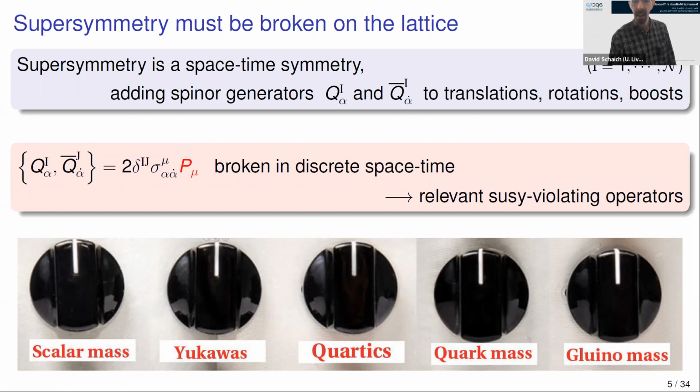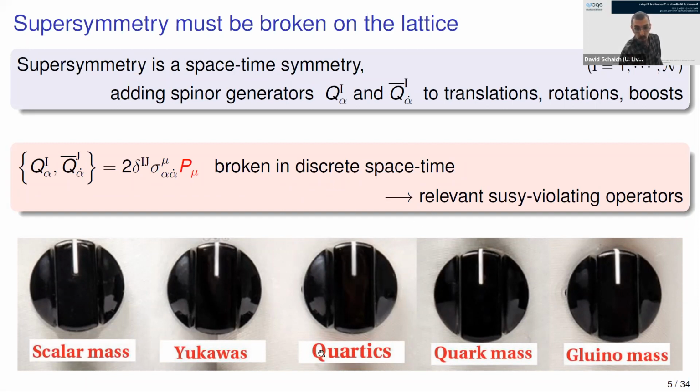And I'll just mention that among the zoo of possible relevant supersymmetry violating operators, the most challenging ones are those related to the scalar fields that show up in either supersymmetric QCD with squarks or in extended supersymmetric field theories where the gauge multiplet includes scalars. Those scalars can pick up masses once supersymmetry is broken.